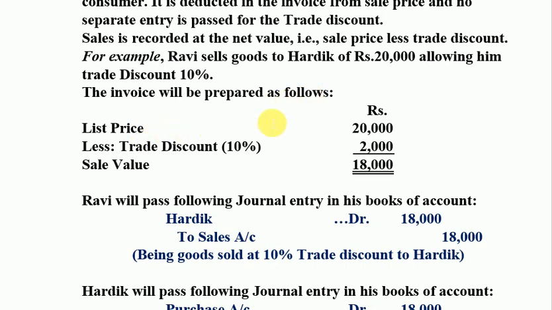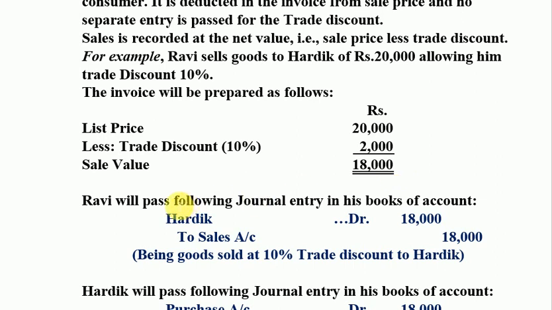List price is rupees 20,000, less trade discount of 10% of 20,000, that is 2,000, and the sale value is 18,000. Clear? The discount amount will not be recorded in our books of accounts. After deduction of the trade discount, the exact sale value, that is 18,000, will be recorded in our books of accounts.